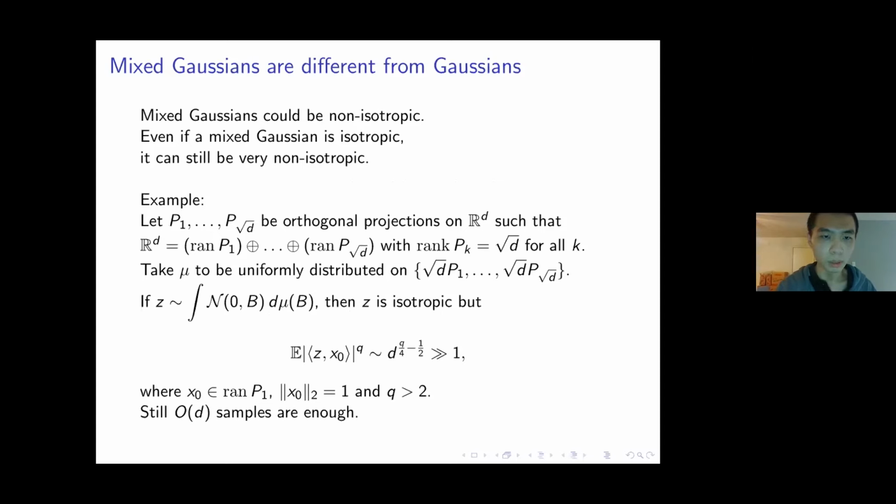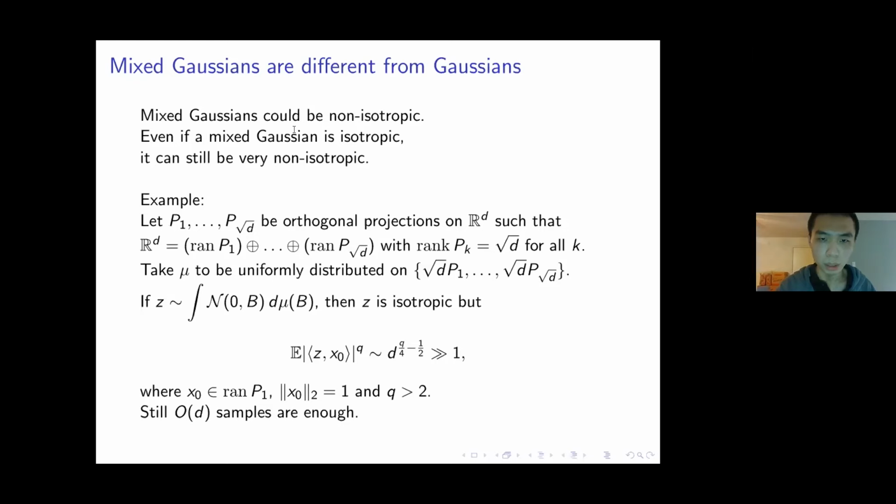Mixed Gaussians can be non-isotropic, just like Gaussians. But when a Gaussian random vector is isotropic, it behaves well, because each one-dimensional marginal is going to be sub-Gaussian. The Lp norm of each one-dimensional marginal is going to be good.